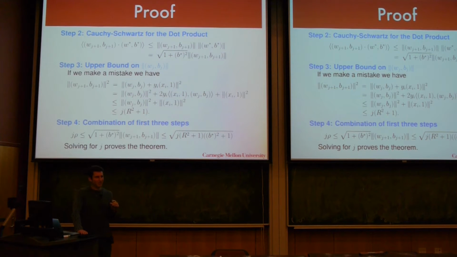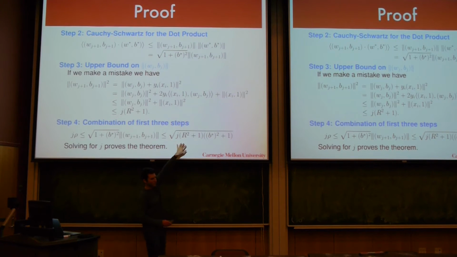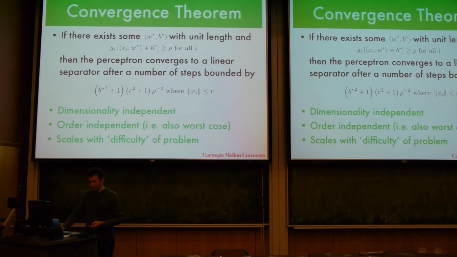On the right hand side, I have something that grows like the square root. So this term can by no means ever grow as rapidly, even though it might have gotten hit to a large degree. And so we solve for j. That gives us that j is at most this term here, which tells us how the algorithm behaves.